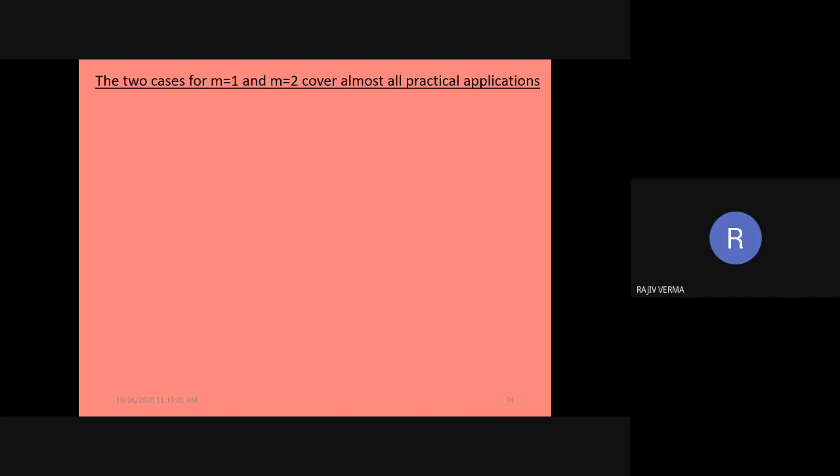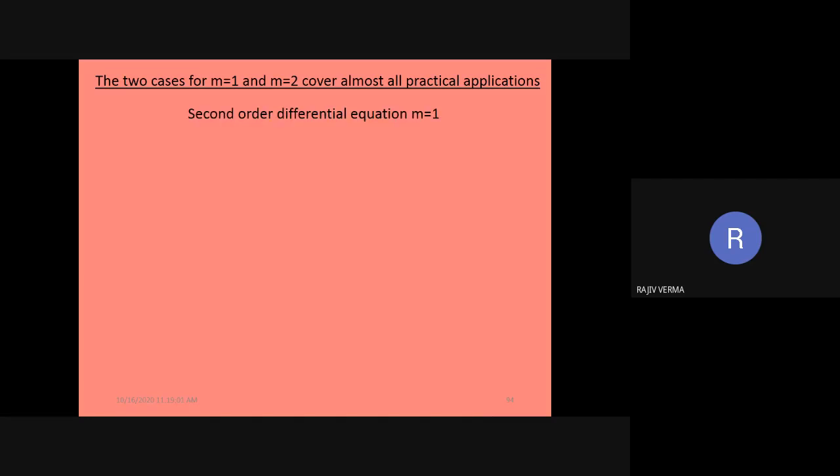And the fourth order differential equation finds applications in beam deformation only. For m equal to 3, we are going to get a sixth order differential equation, and this finds application in cases where adhesives are used.